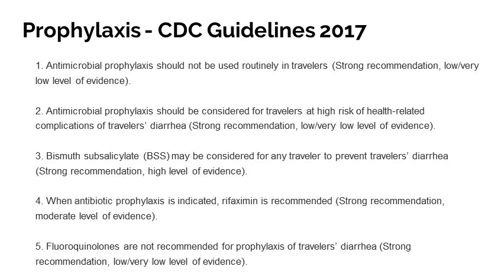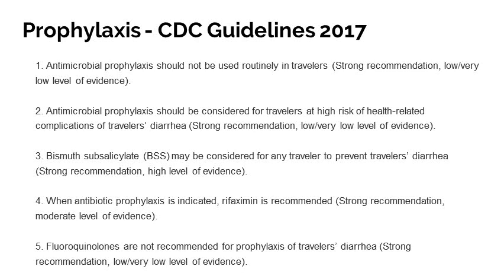Antimicrobial prophylaxis should be considered for travelers at high risk of health-related complications of traveler's diarrhea. So think back to those past medical problems we discussed. Those are the patients that are higher risk, and then you want to start considering prophylaxis in those patients. Bismuth subsalicylate may be considered for any traveler to prevent traveler's diarrhea. It is not an antibiotic, so it will not contribute to antibiotic resistance.